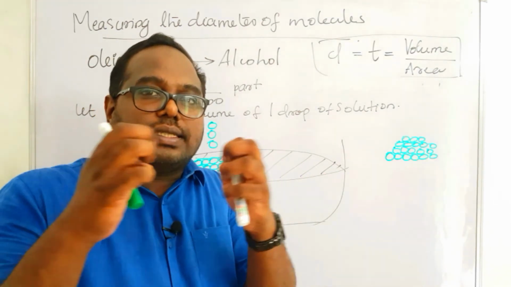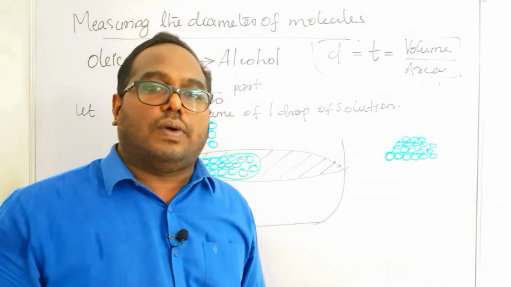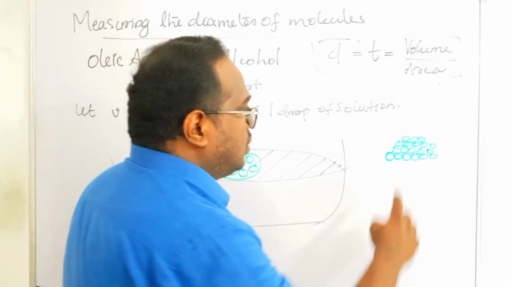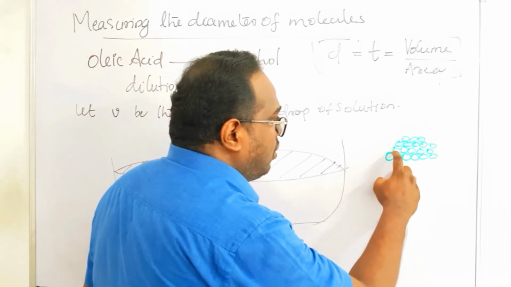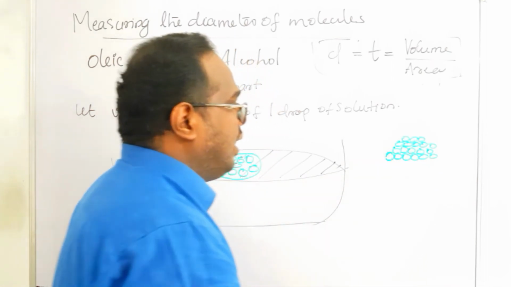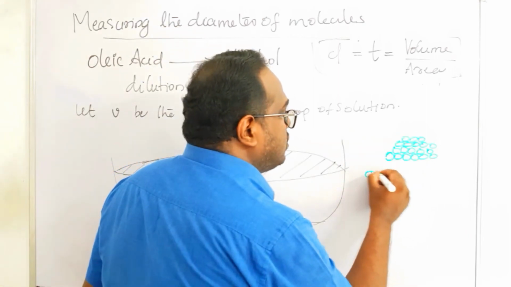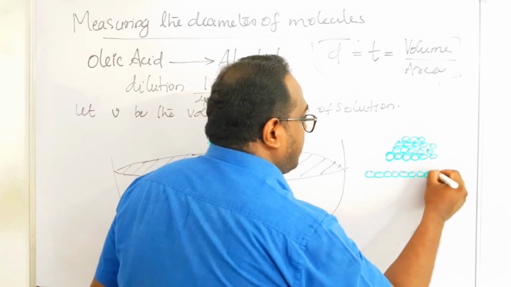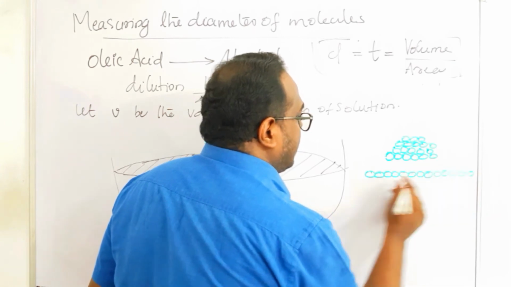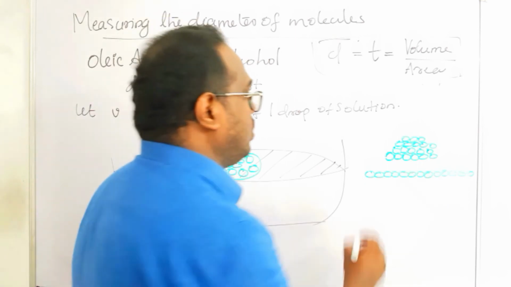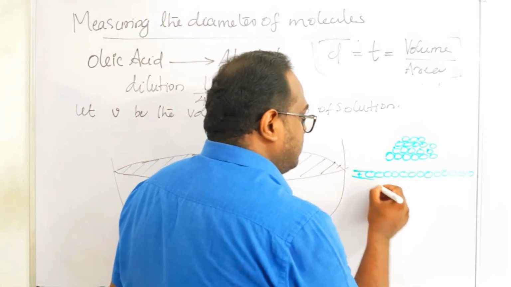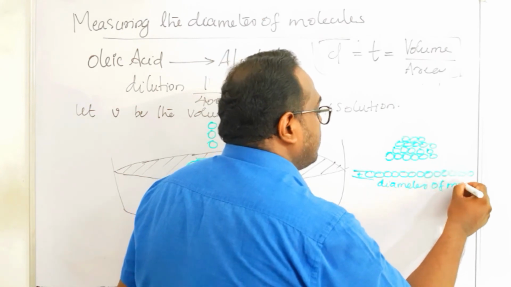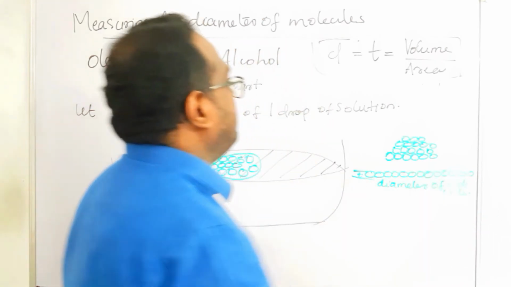There is no stickiness between the molecules of oleic acid. What happened is, gravity is acting on each molecule, right? So this will come down, and this molecule will push these two molecules apart. And finally, all these molecules will spread on the surface of water like this, with a thickness which is equal to the diameter of a molecule.